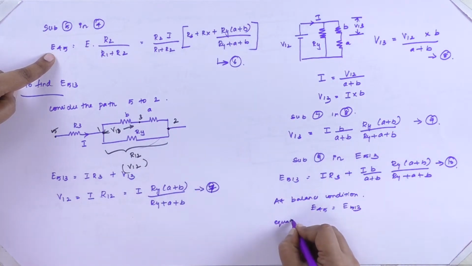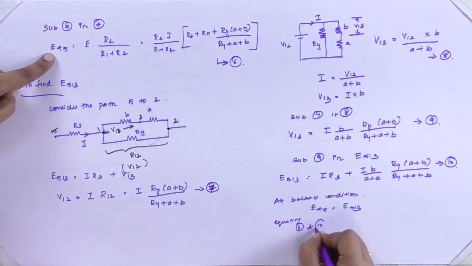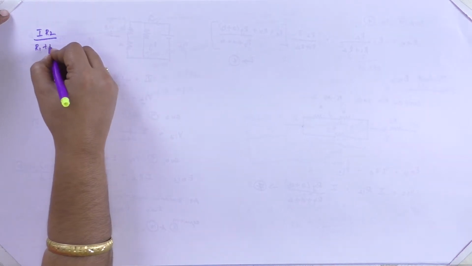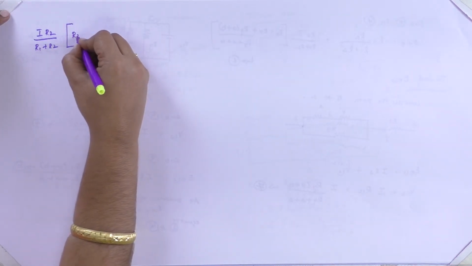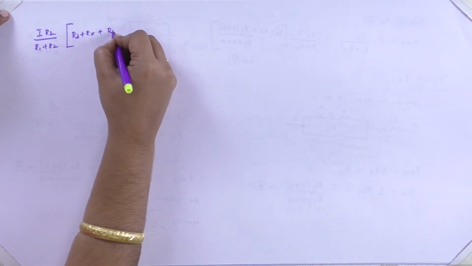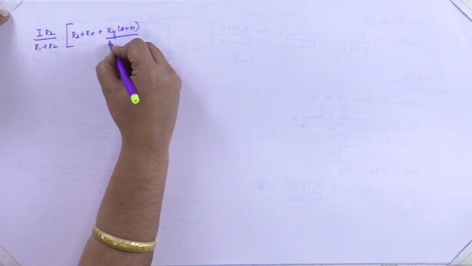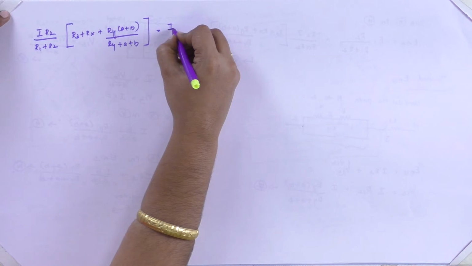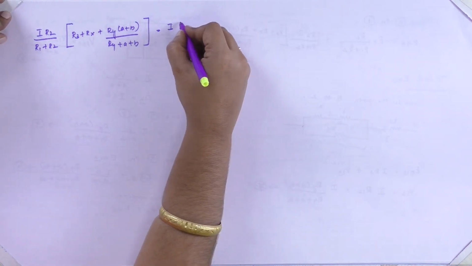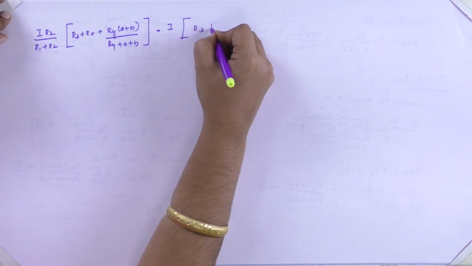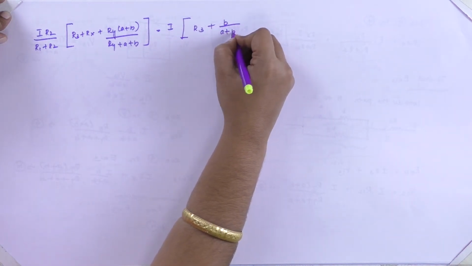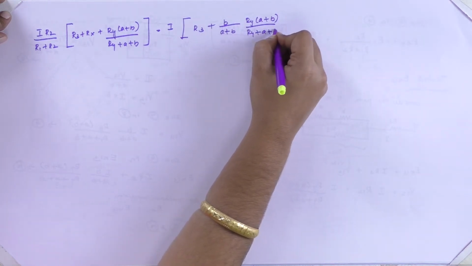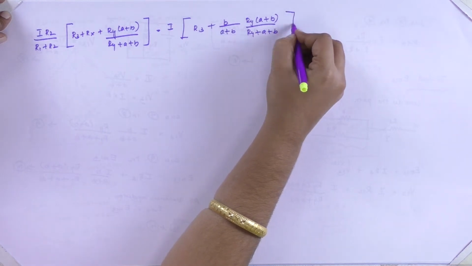Equating 6 and 10, the value of E45 is I into R2 divided by R1 plus R2 into R3 plus Rx plus Ry into A plus B divided by Ry plus A plus B. This is from equation 6, and from equation 10 I will get the value of E513 as I into R3 plus B divided by A plus B into Ry into A plus B divided by Ry plus A plus B.